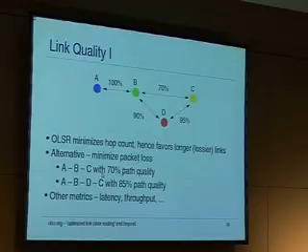OLSR, like I said before, it minimizes hop count in routes, hence it favors longer and lossier links. So the default OLSR daemon will choose a route A, B, C. But between B and C, there's 30% packet loss.